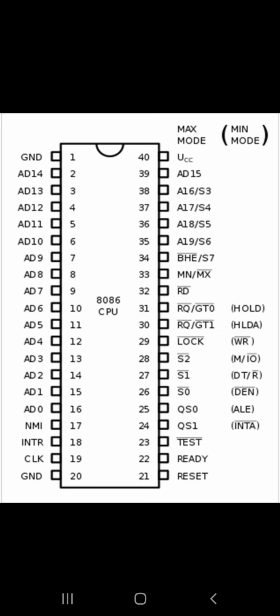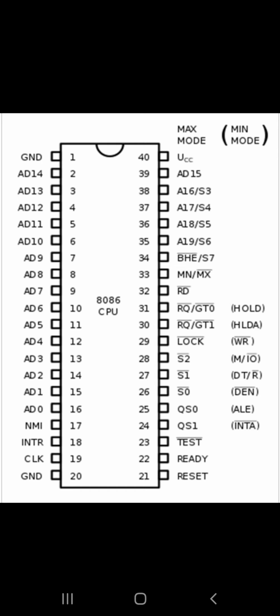So there are 4 segments, that means the complete memory is divided into 4 segments. The first segment is known as the data segment, the other one is the stack segment, one is the extra segment, and the last one is the code segment. So using the S3 and S4 pins, you can know which segment the 8086 microprocessor is currently accessing, right?